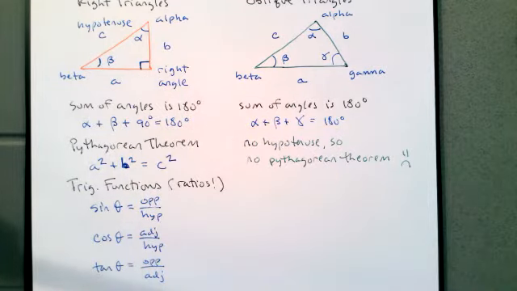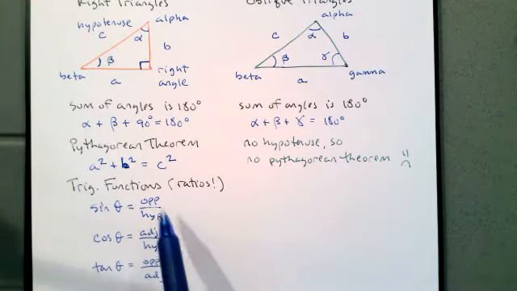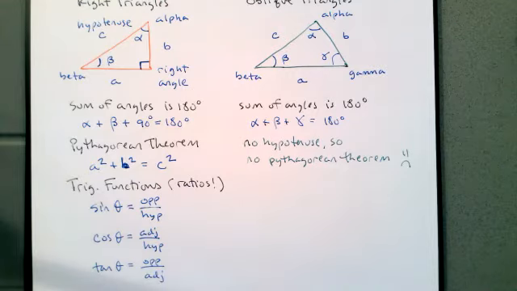So it depends on what angle we're looking at in setting up this relationship. So that's why I switched to theta, even though theta does not appear. So the theta could be an alpha or a beta, and then the opposite and adjacent will be A or B, depending. So trig functions are a way to get a relationship between sides and angles.